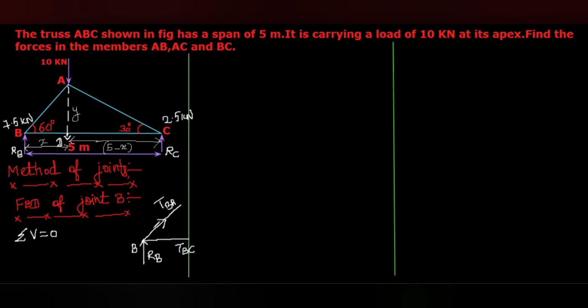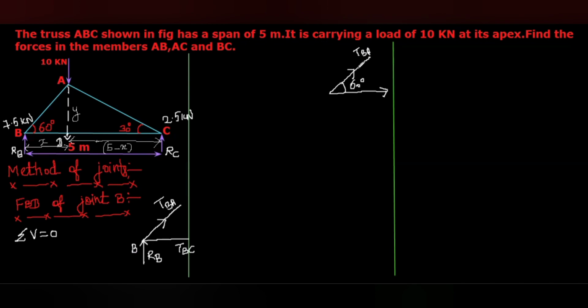If I consider it is upward, then we know that the tension in BA, with respect to the horizontal, this angle is given as 60 degree.